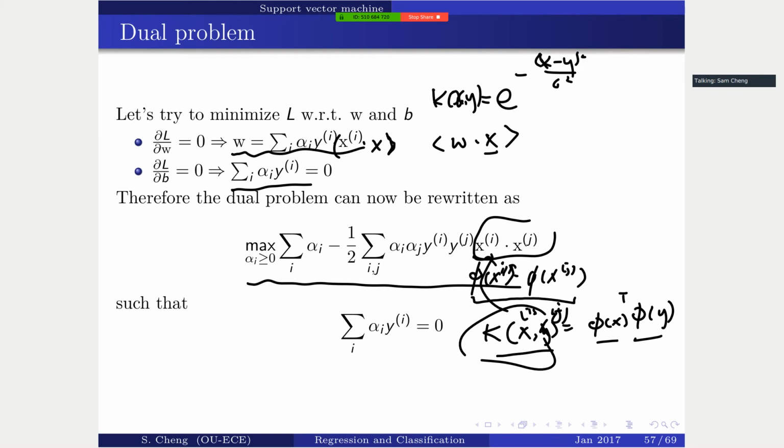Sorry, this is phi(W) and phi(x). We need to compute the inner product in the projected space. And again, I don't need to know what phi(xi) and phi(x) are. It will be just the kernel function, kernel of xi and x, something like that.